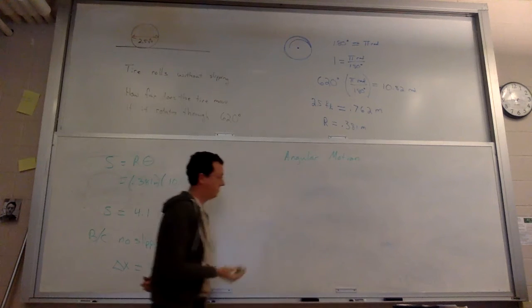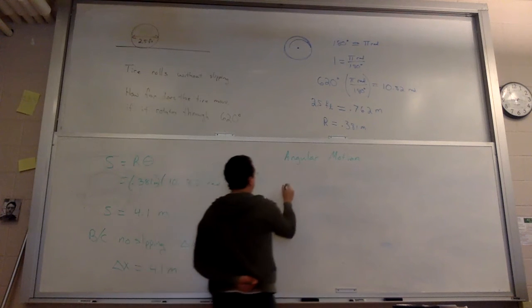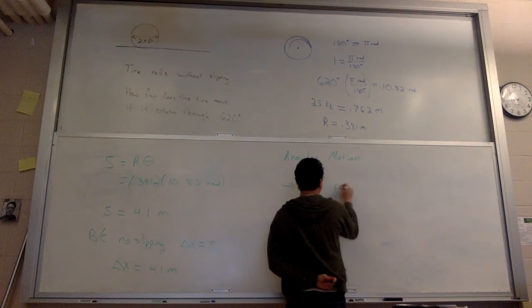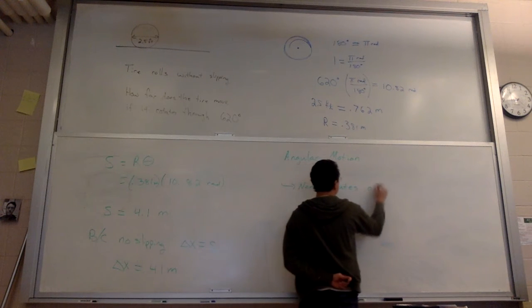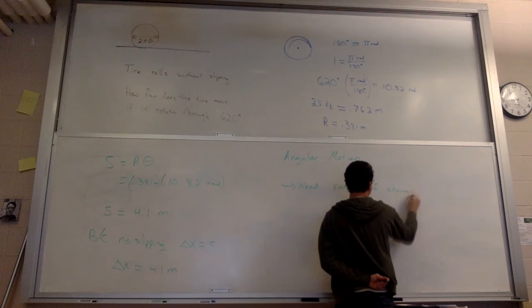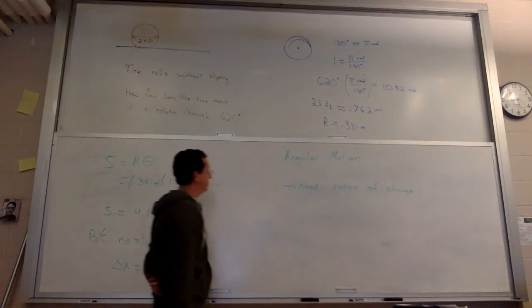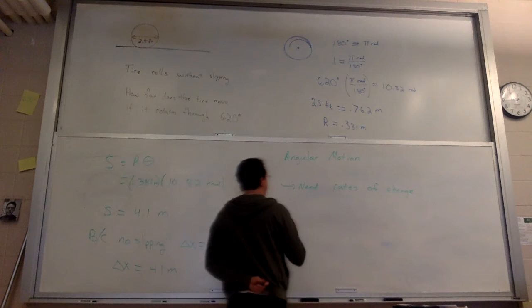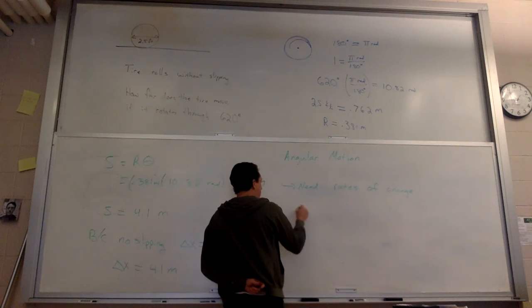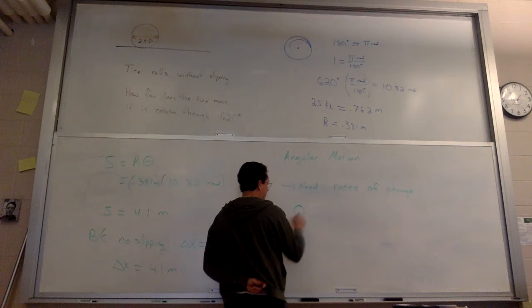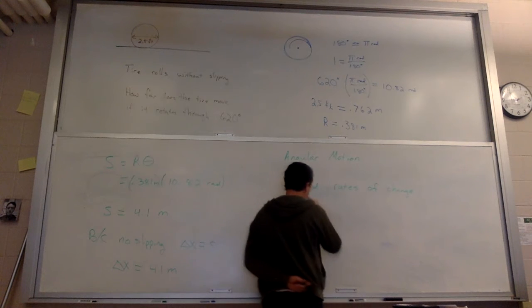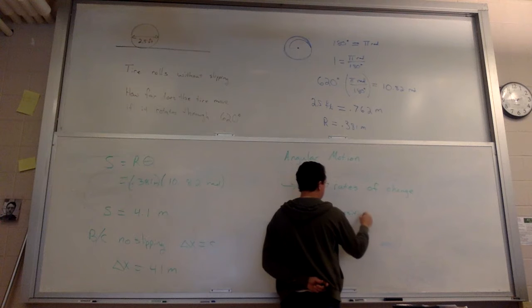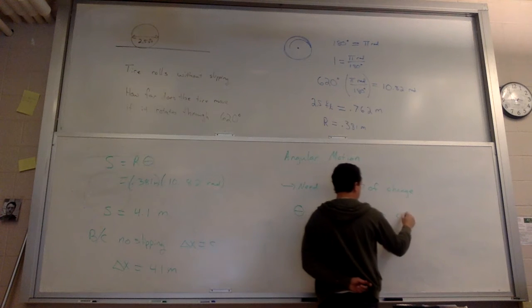Angular motion. We need rates of change, right? So we need to take time derivatives. So we have angles, which tell us the position on a circle.